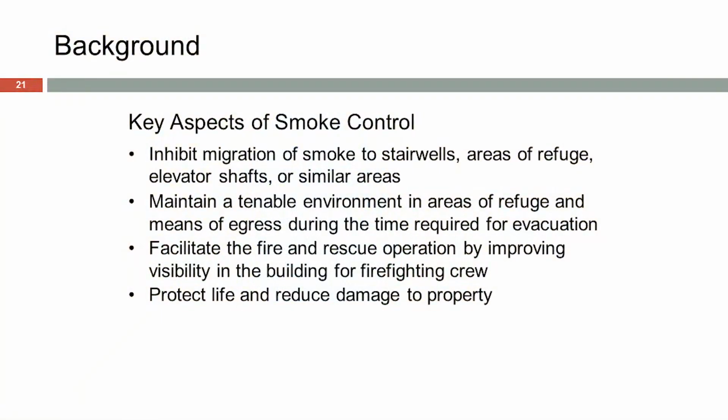So what are our key aspects of smoke control with these factors considered? Well, we want to inhibit the migration of smoke to the stairwells, areas of refuge, elevator shafts, and similar areas, right? What good is it to have an egress route if your egress route is compromised, right? We want to maintain a tenable environment in those areas of refuge and during the time it takes to evacuate.